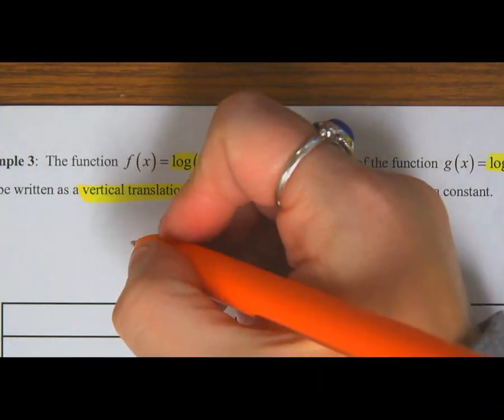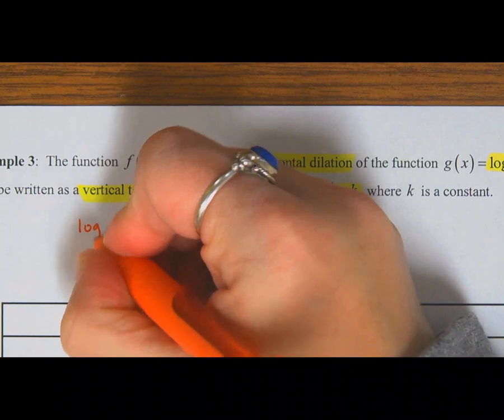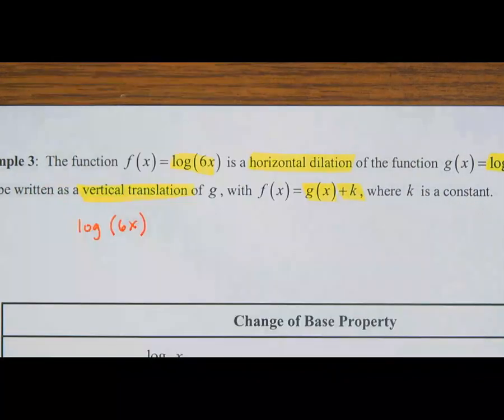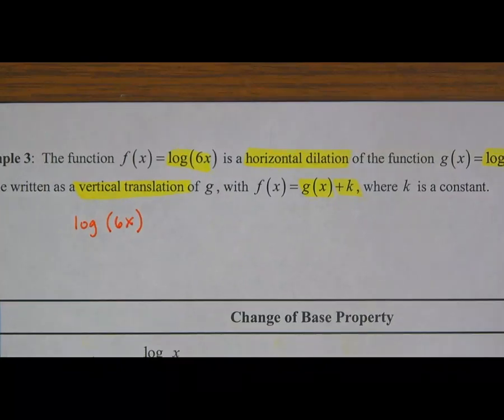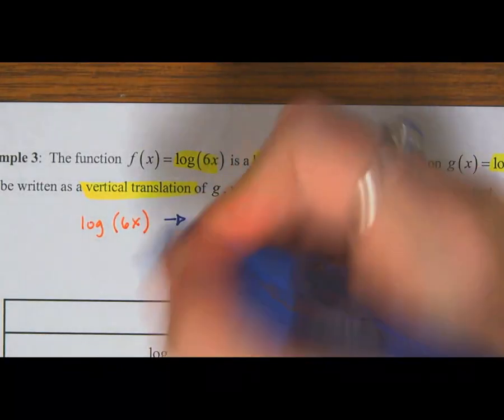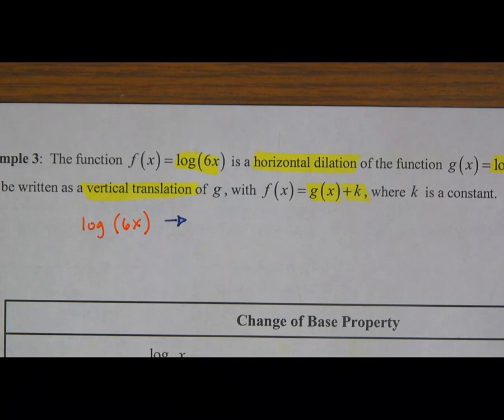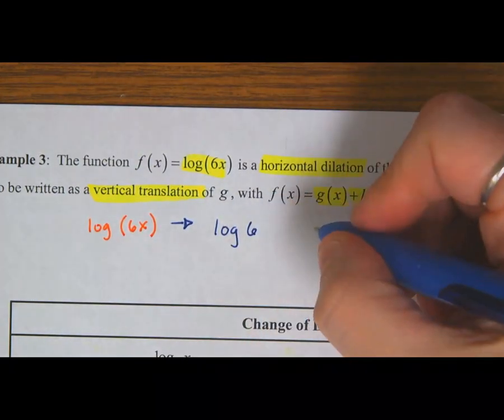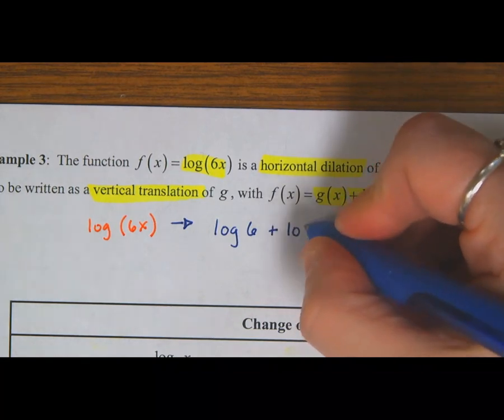We're going to take log of 6x and we're going to expand that using our log property, our product property, that says that's the same thing as log of 6 plus log of x.